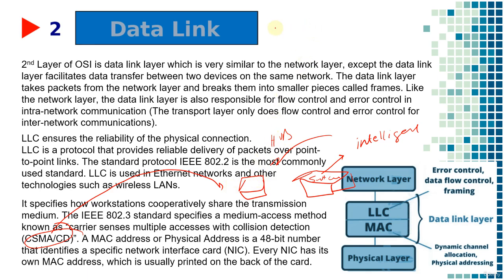Let's say we have PC1, PC2, PC3, PC4 and a hub, which I will denote with H. If PC1 wants to communicate with PC2, whenever this information is sent to the hub, it will just throw this packet everywhere. And meanwhile, if no one is talking, then only PC1 and PC2 can communicate.